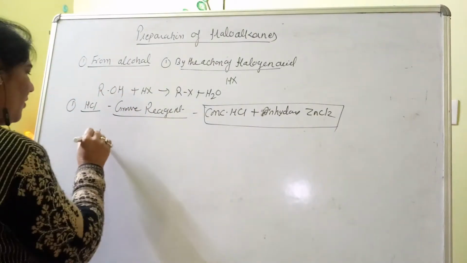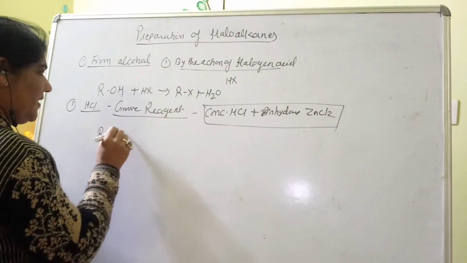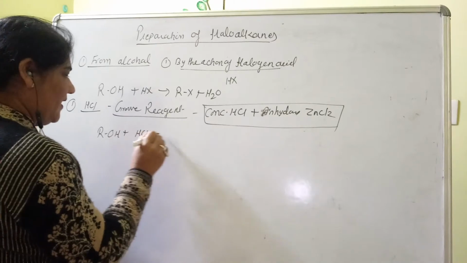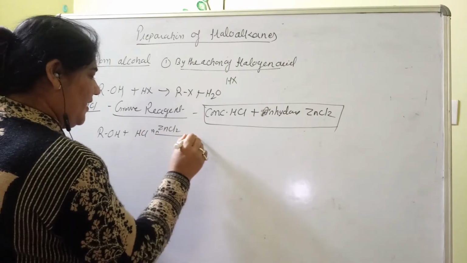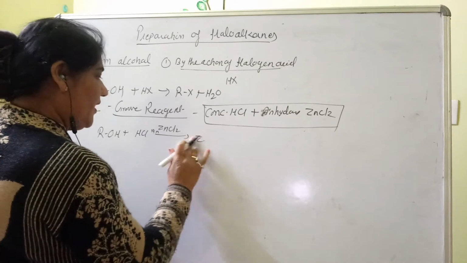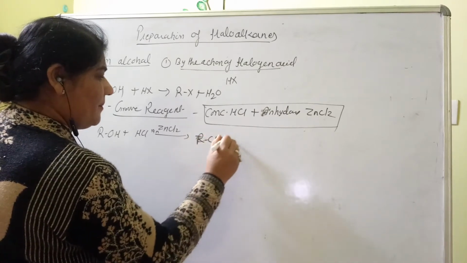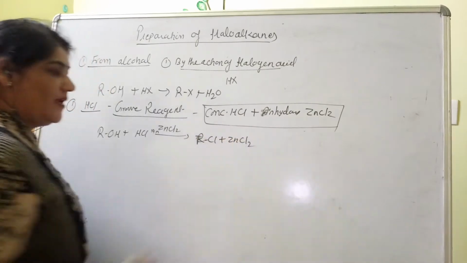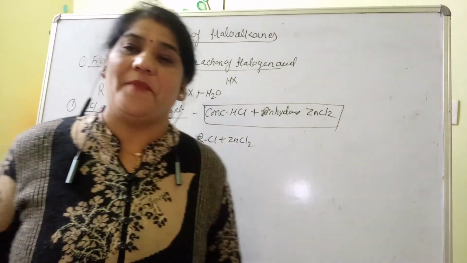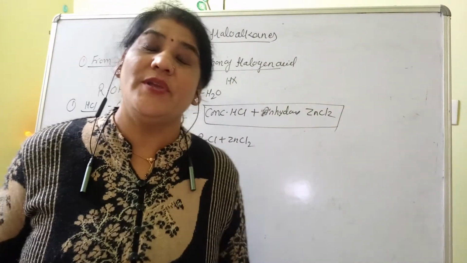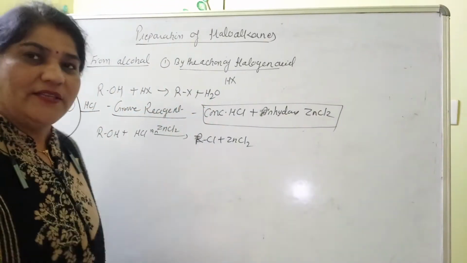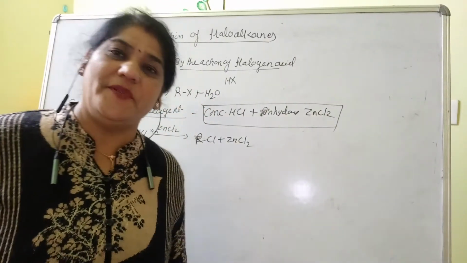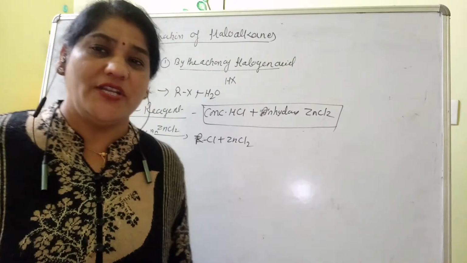When alcohol is reacted with this acid in the presence of anhydrous zinc chloride, it forms RCl plus zinc chloride. This reaction is used to differentiate between primary, secondary and tertiary alcohol.